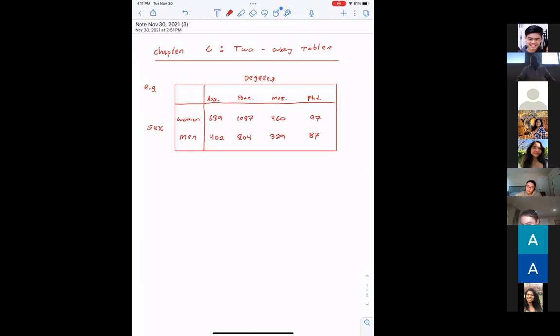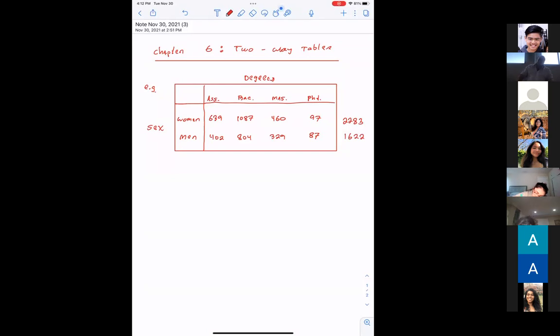There's only two. So if I were to ask only questions about the sex of the individual without consideration for the degrees, then I might care about the total number of women, which I can get by adding the entries in that row, and the total number of men, which I can get by adding the entries in that row.